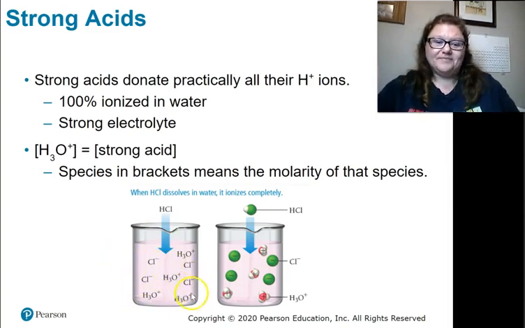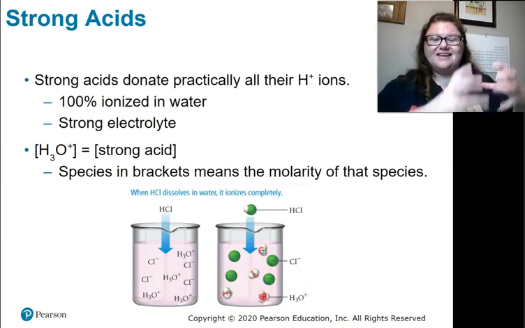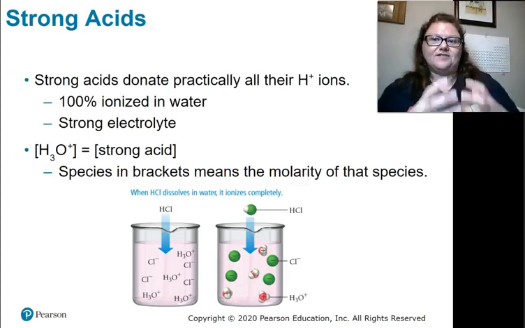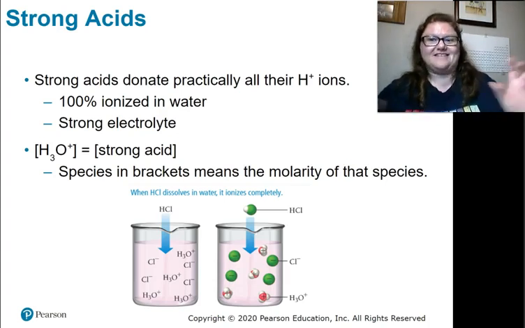It breaks apart into hydrogen and chlorine. And so we have the hydronium ions grabbing those hydrogens, and then the chlorines are just kind of stuck there, right? Because the H and the Cl completely separated, there is no remaining HCl stuck together in the water. That's 100% ionizing, so that means HCl is a strong acid.